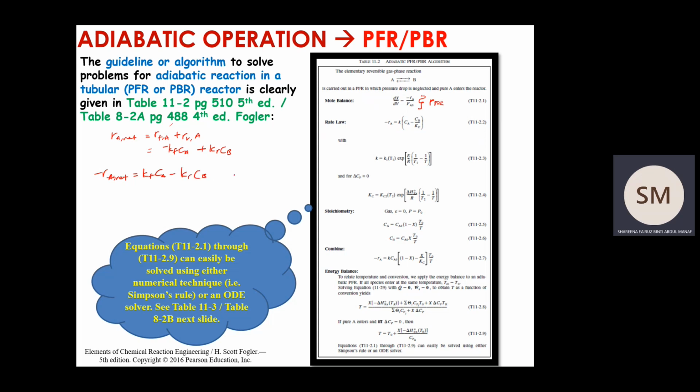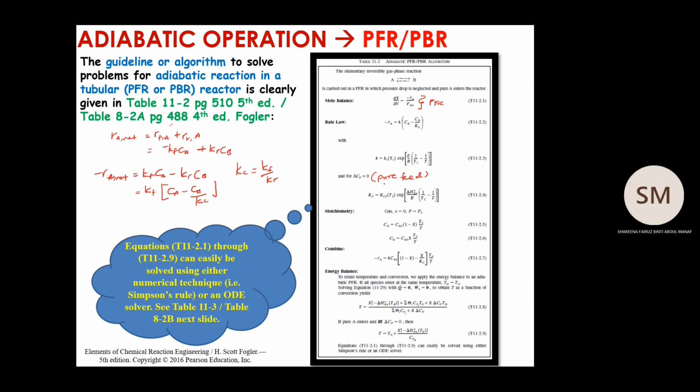KC is defined as kF over kR. Rearranging the equations, you will get kF times (CA minus CB over KC). The rate constant k is given by the Arrhenius equation, and delta Cp is equal to 0 because this is a pure feed.